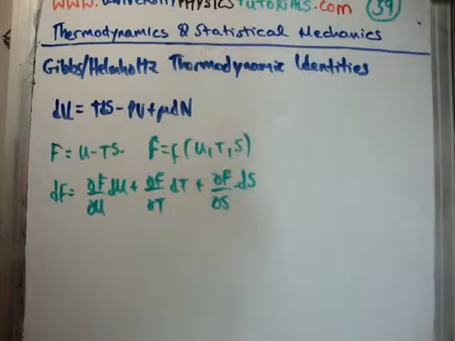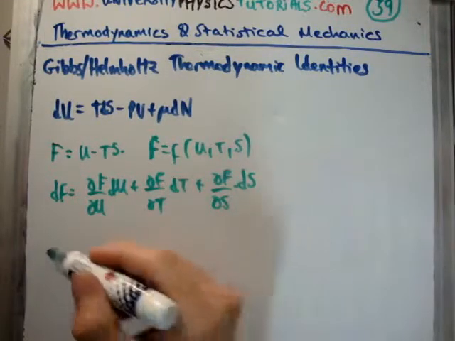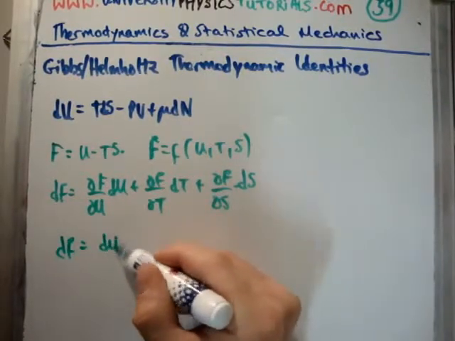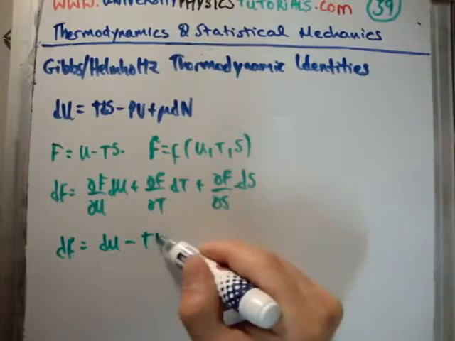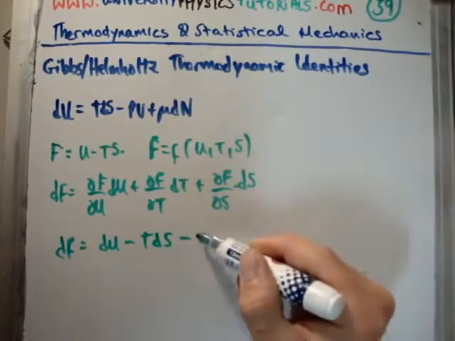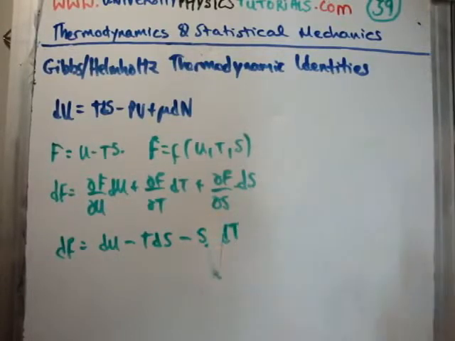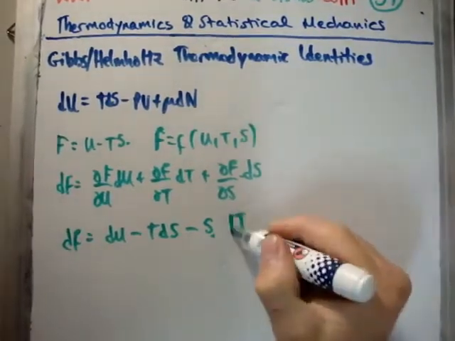The derivatives are pretty straightforward. So when you plug in the derivatives, you get that dF is equal to dU minus T dS, excuse me, minus S dT. Like that, minus S dT.